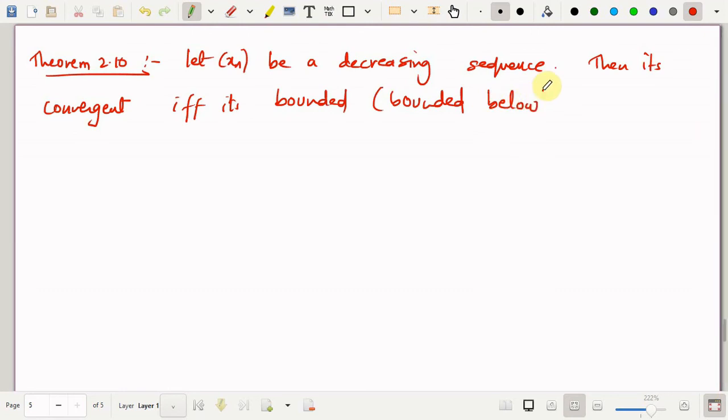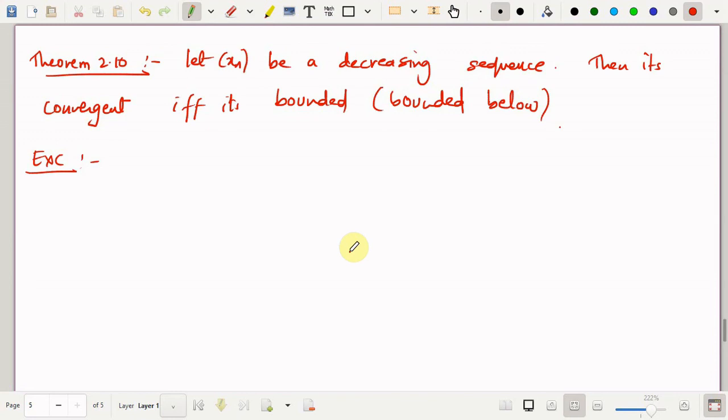So the proof of this I would leave as an exercise. One can prove it in a similar way, the way I have proved it for the increasing sequence. In this case, you are going to use the LUB property again, but in the form of the GLB property. Instead of LUB, you will be using the GLB property, which is in fact an equivalent statement to the LUB property.